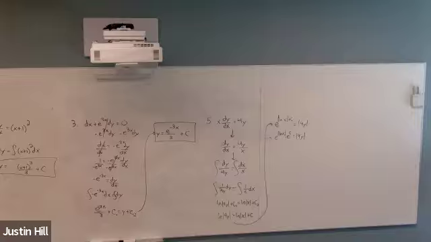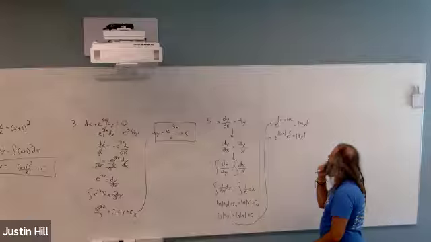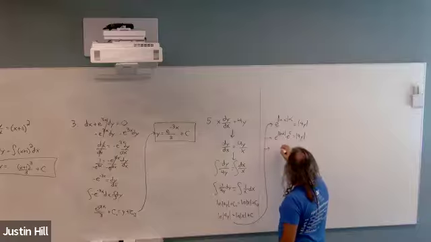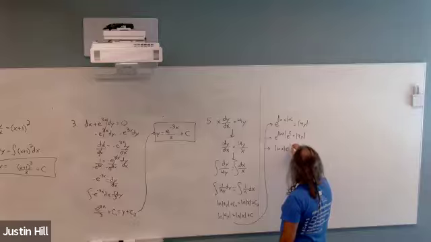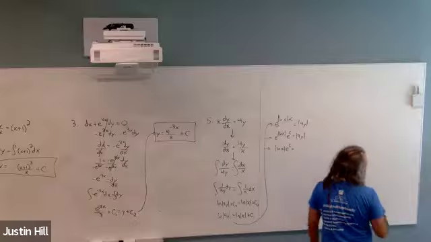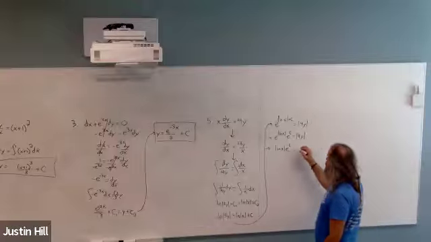So that leaves me with the absolute value of x times e to the c equals the absolute value of 4y.